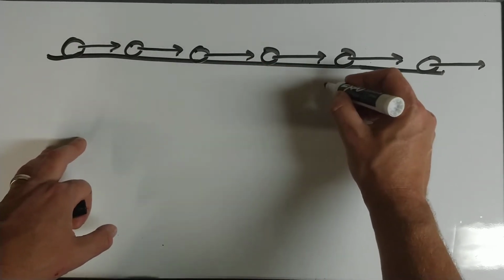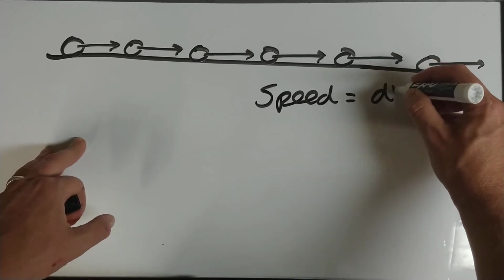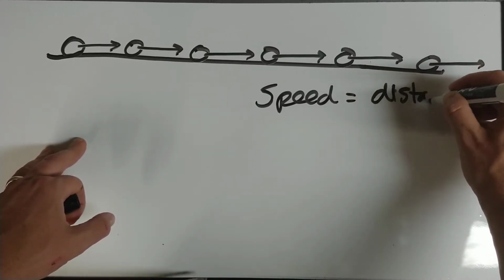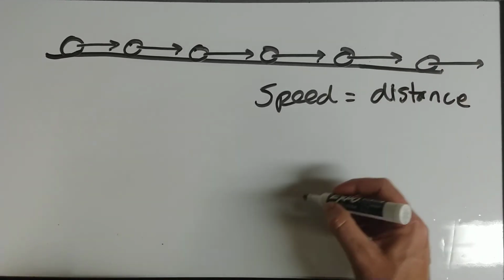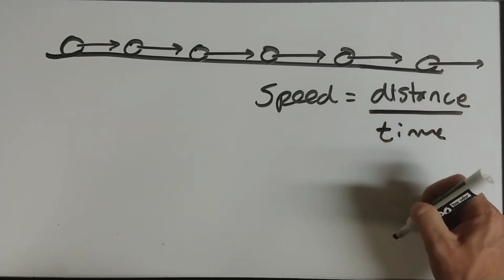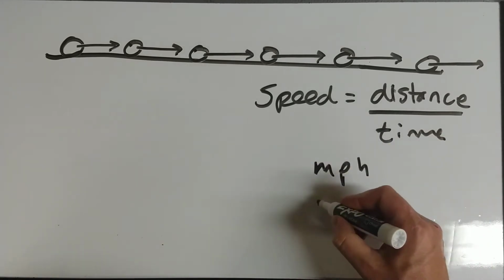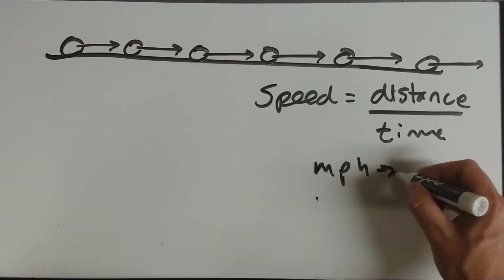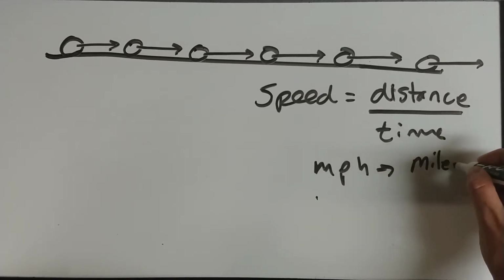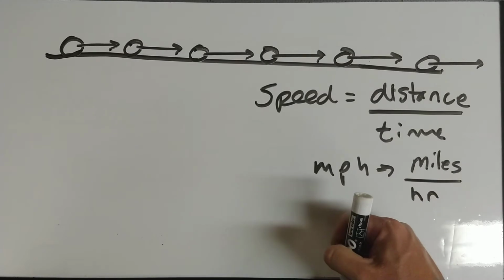I'm gonna write it over here. Speed. It's kind of the distance covered in a certain amount of time. You guys know mph, right? Miles per hour. Well, in physics, we would write that miles per hour, right?